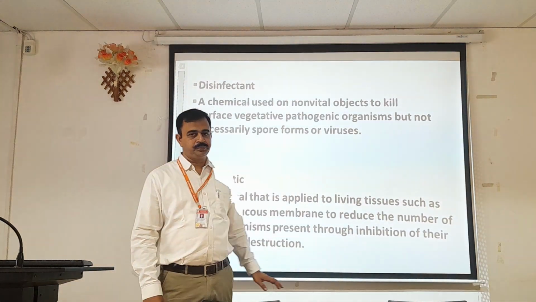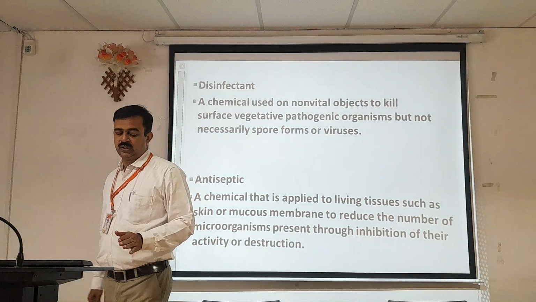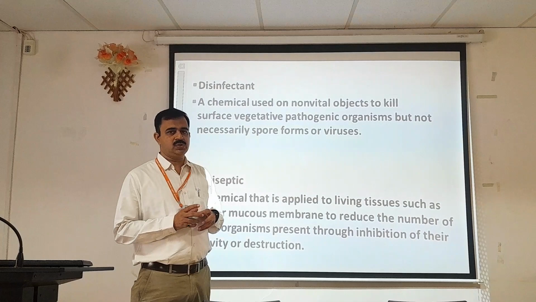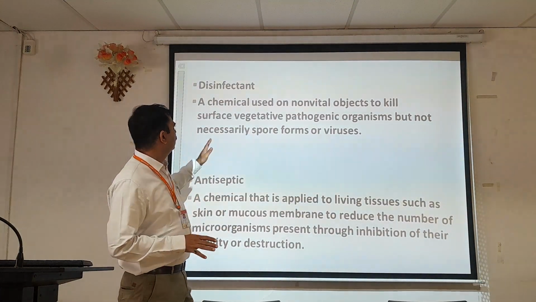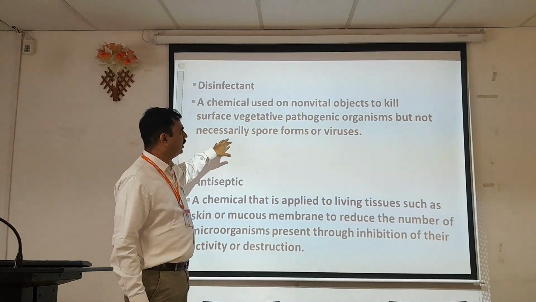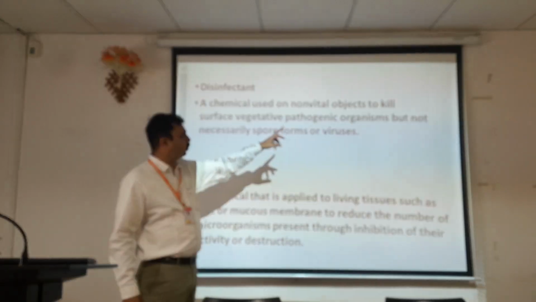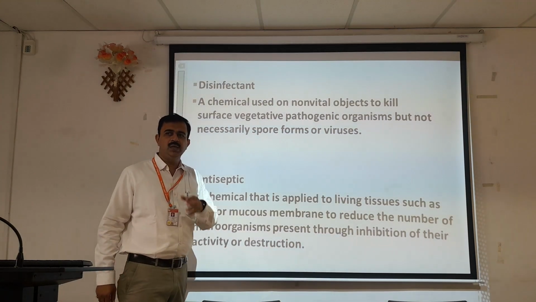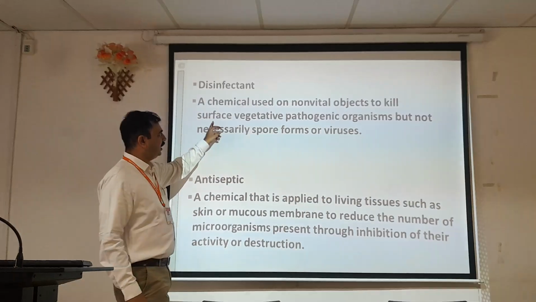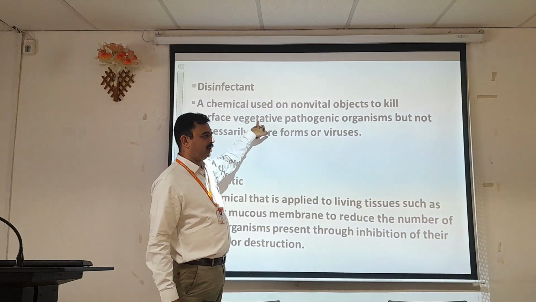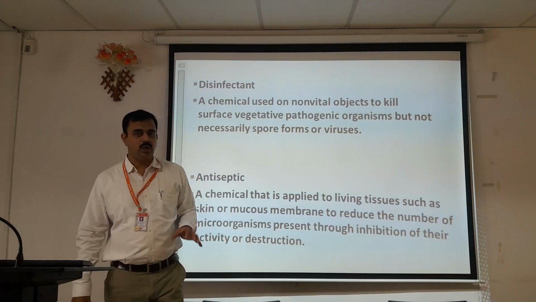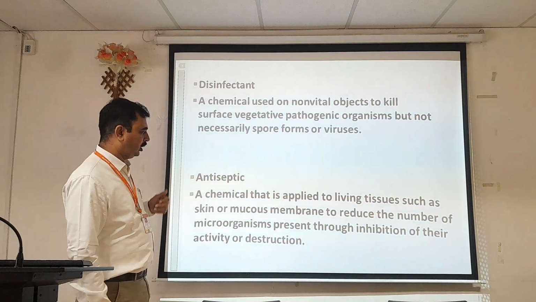In sterilization, whether in the vegetative form or the spore form, the microorganisms are killed. But when we utilize a disinfectant, it will only kill a specific type of organisms, the surface vegetative pathogenic ones, while spore forms or viruses cannot be destroyed by the disinfectant or the process of disinfection.